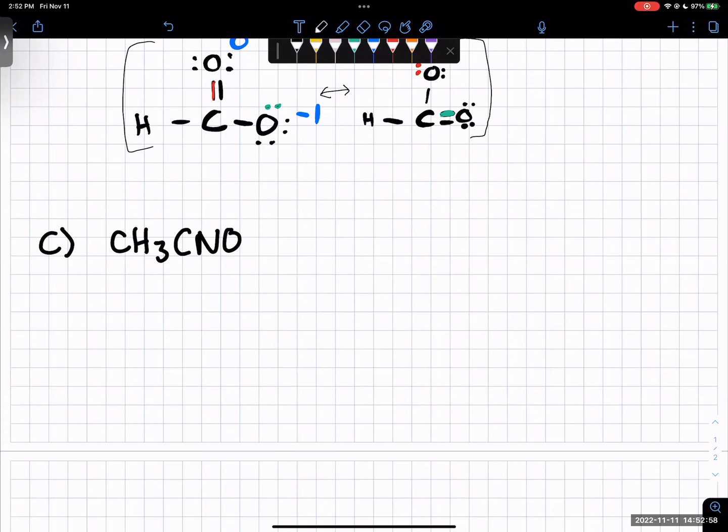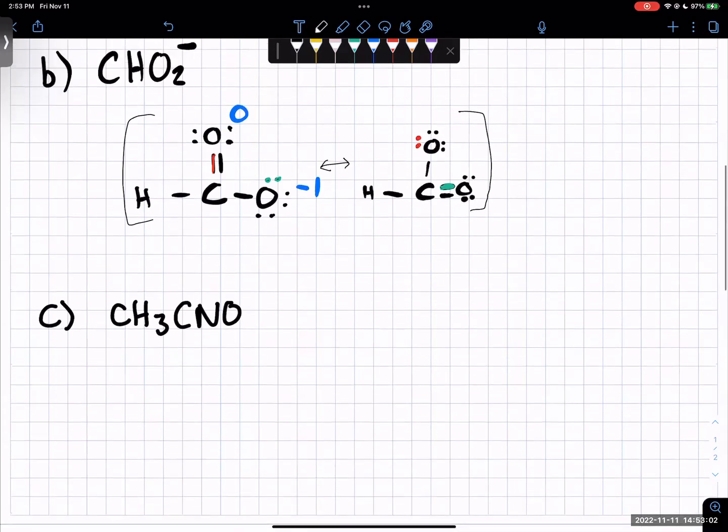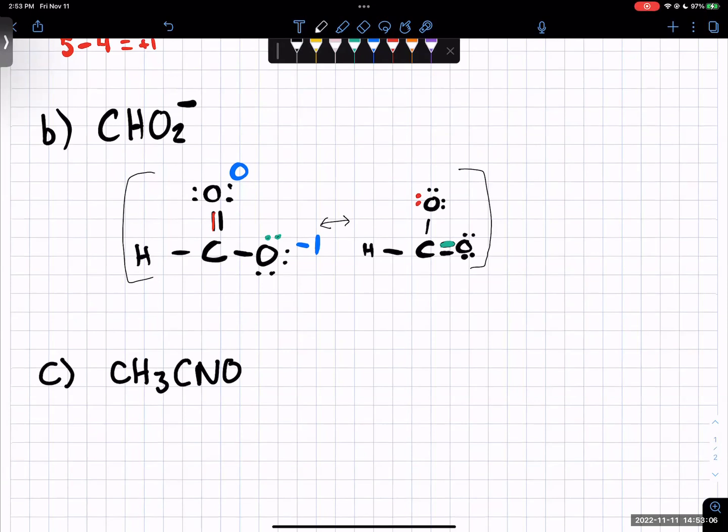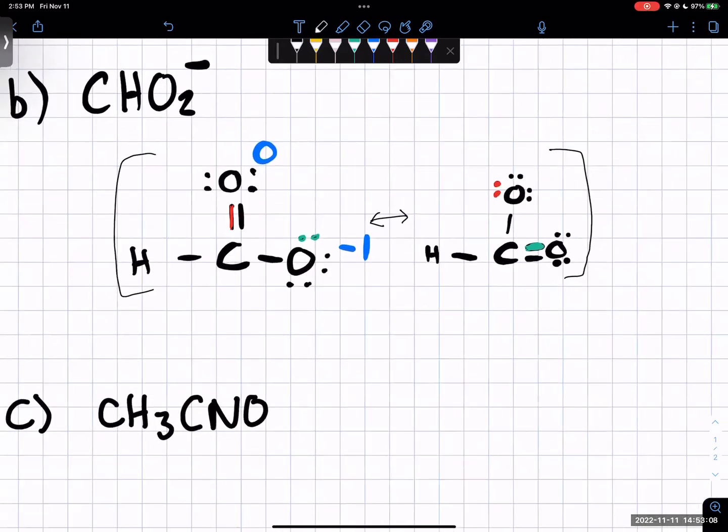Anyway, I think I understand the resonance structures, why you move around bonds to get different resonance structures, but I'm still confused why the oxygen has a single bond versus a double bond here. Because when I originally wrote it, I had the double bonds on the oxygen and then one on the hydrogen. Then I was like, oh wait, that's too many for the carbon.